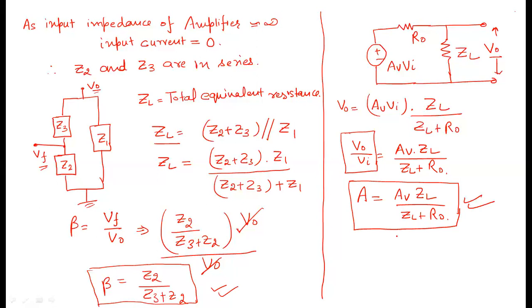Now, we know that to fulfill the Barkhausen criteria, A beta is equal to 1. According to the Barkhausen criteria, this expression should be fulfilled. So here we have A and beta, which we have derived as these expressions. Let's put these two expressions for A and beta in this expression.